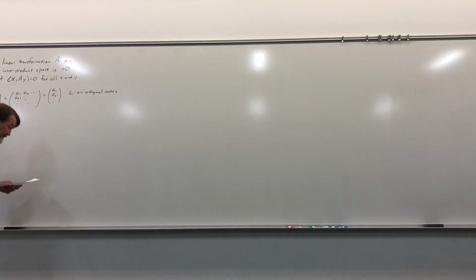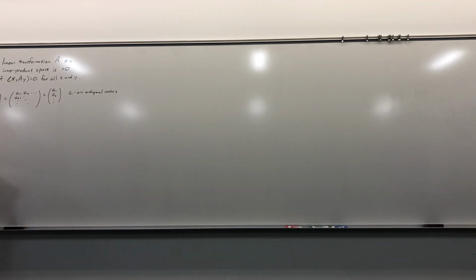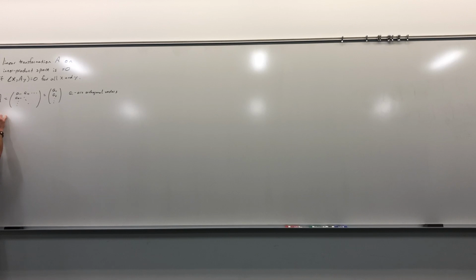Now let's do some playing around with it. First of all, if I take A times the adjoint of A, which is the complex conjugate transpose, and I consider the ik-th element of that, then this is basically A times A star transpose, ik.